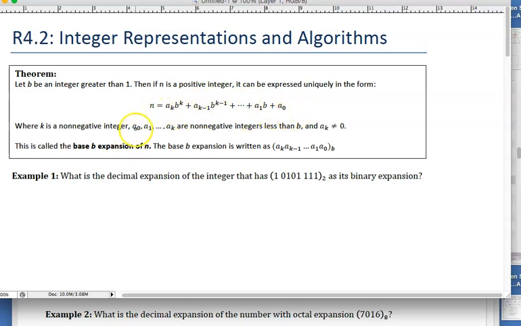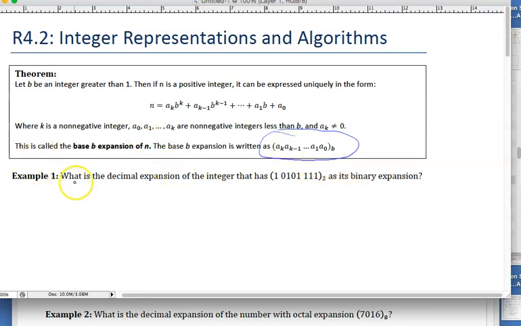These a0, a1, up to ak are non-negative integers less than the base b, with ak not equal to 0. This is called the base b expansion of n, and it's written as this. Those coefficients multiply the base to different powers, and you write them from left to right, and that gives you the base expansion.